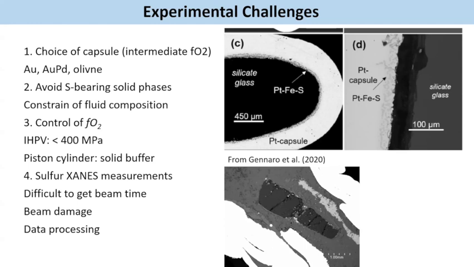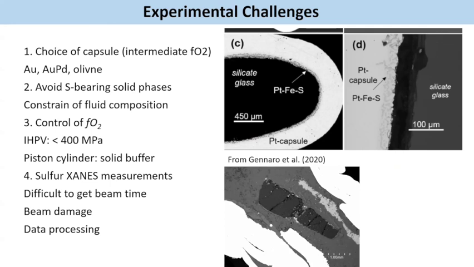They used a platinum capsule, and they show a layer of platinum-iron-sulfur alloy between the capsule and the silicate melt. This significantly affects the sulfur budget and causes an overestimate of the sulfur partition coefficient.